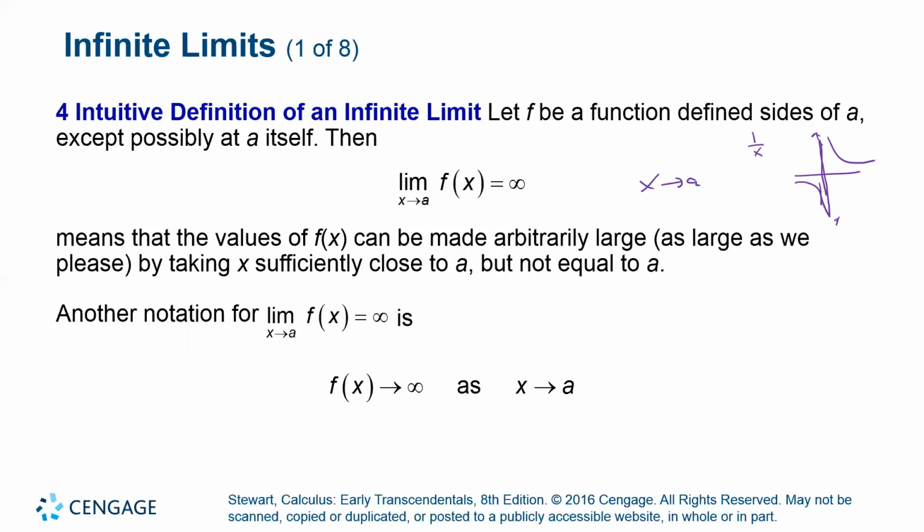The line x equal to 0 is the vertical asymptote. We need to know this definition: if the limit does not exist because it goes to positive or negative infinity, that's what we call an infinite limit.